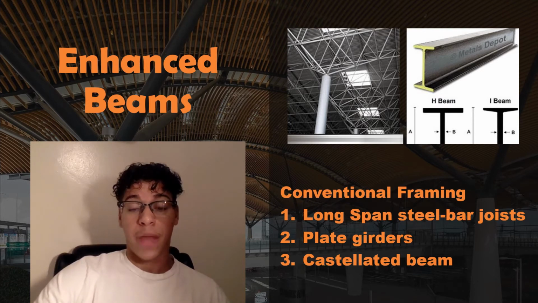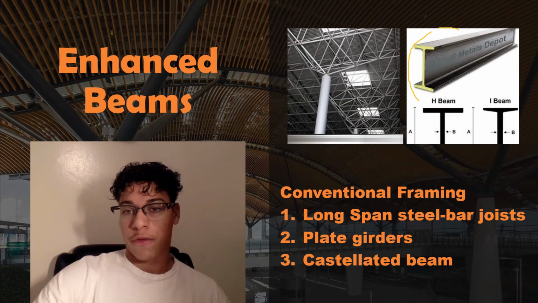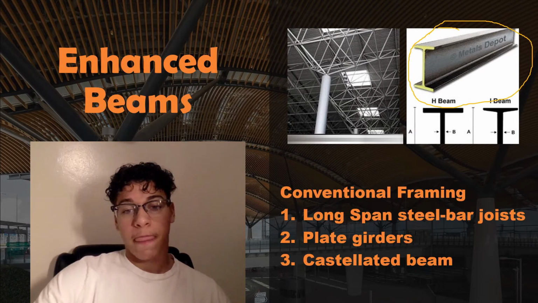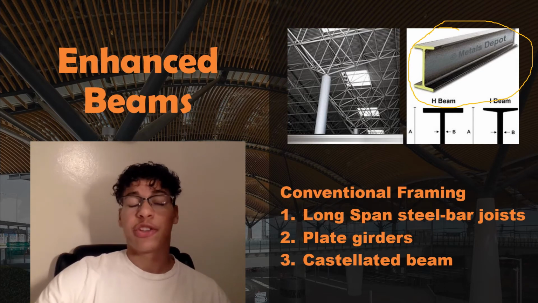I will dive into plate girders and castellated beams. Now, the steel bar joists are, as you can see on the right image, what it looks like. Now, let's talk about plate girders.